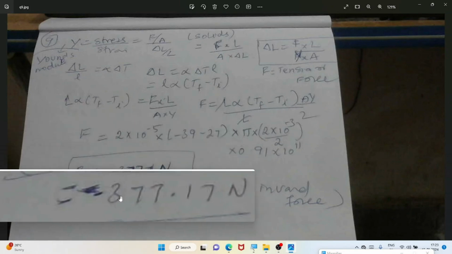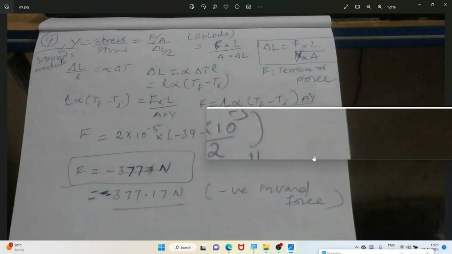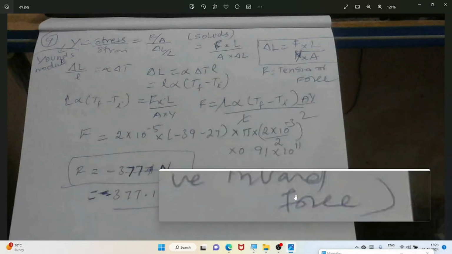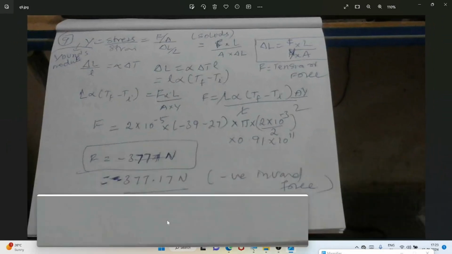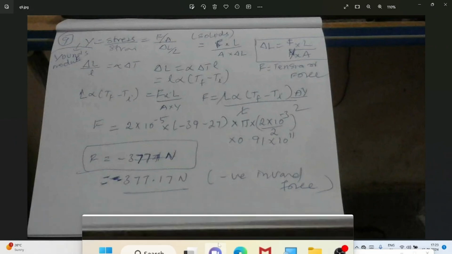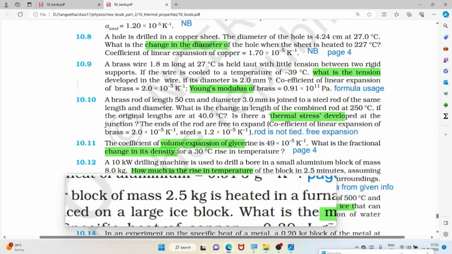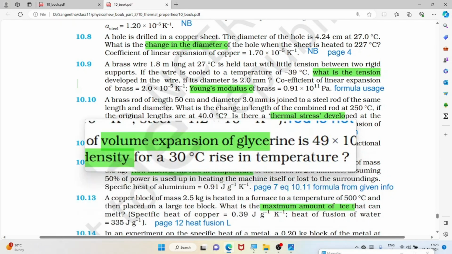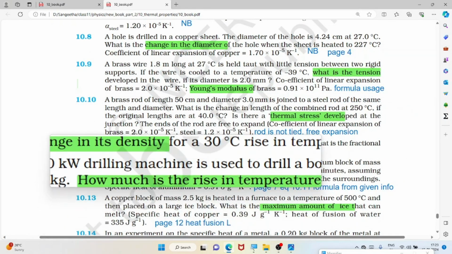That is negative 377.17 newtons. Negative means it is an inward force, that is contraction. That is why the negative value is coming, because we are cooling down to this temperature. So what is the tension? That is the contraction.